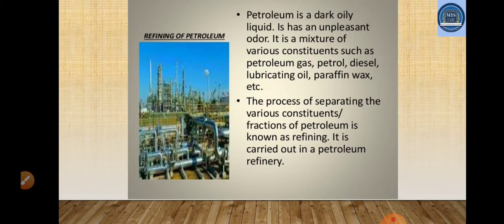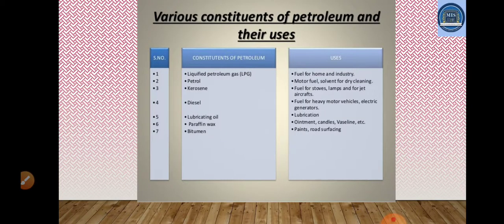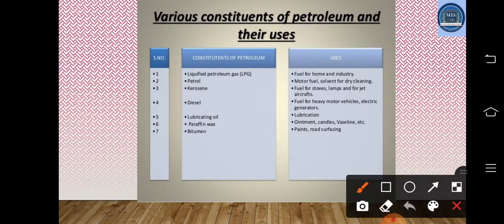Okay, students? Now let us talk about the constituents of petroleum and where they are used. The very first constituent of petroleum refining is liquid petroleum gas, that is LPG, which we use at our home in cylinders.